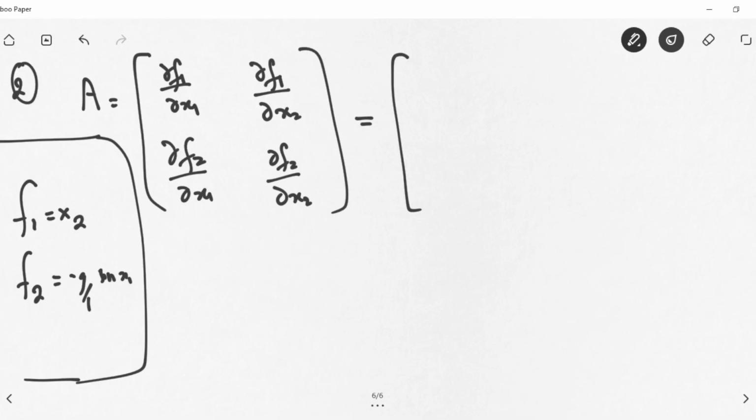So what we are getting here is, if we differentiate the first function with respect to x1, it is 0. First function with respect to x2, it is 1. Second function with respect to x1, it gives us minus g by L, since the derivative of sine of x1 is cos of x1, and df2 by dx2 will be 0.